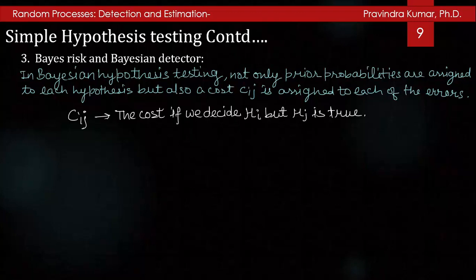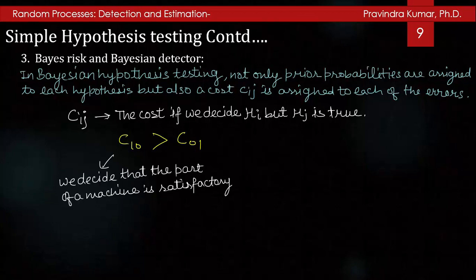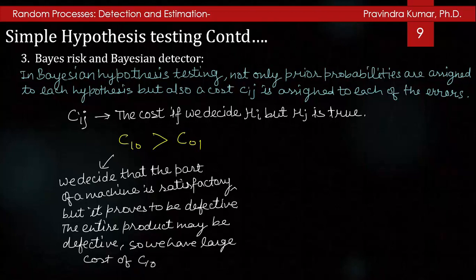Cij means the cost if we decide Hi, but Hj is true. So C10 means we decide that the part of a machine is satisfactory, but it proves to be defective. The entire product may be defective, so we have a large cost C10. And C01 means we decide that the part of a machine is defective when it is not.